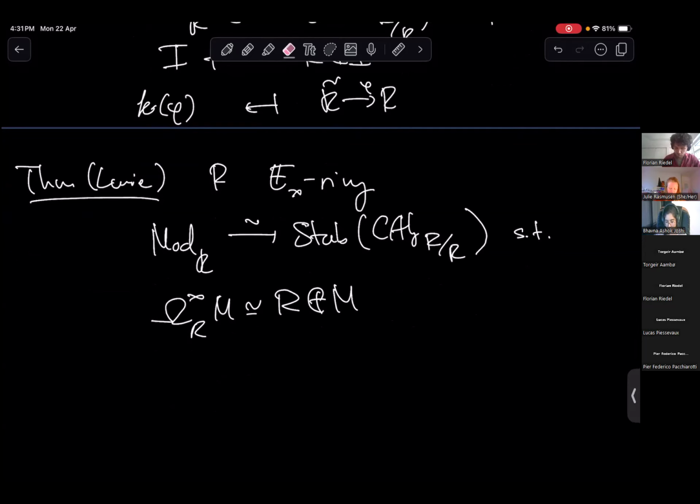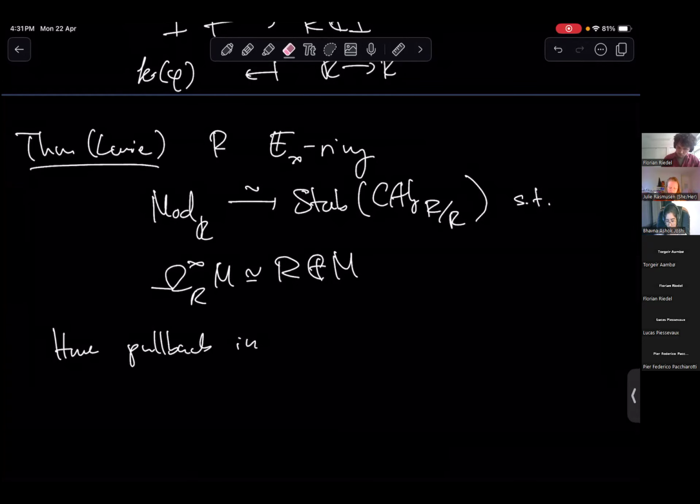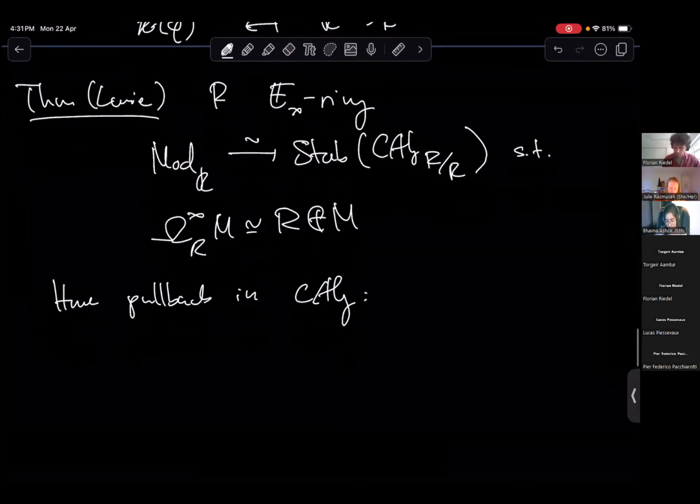It tells us that we have pullbacks in commutative rings that look like this.